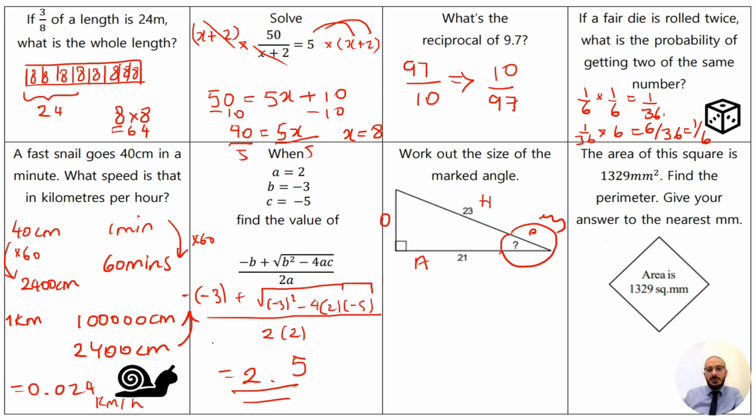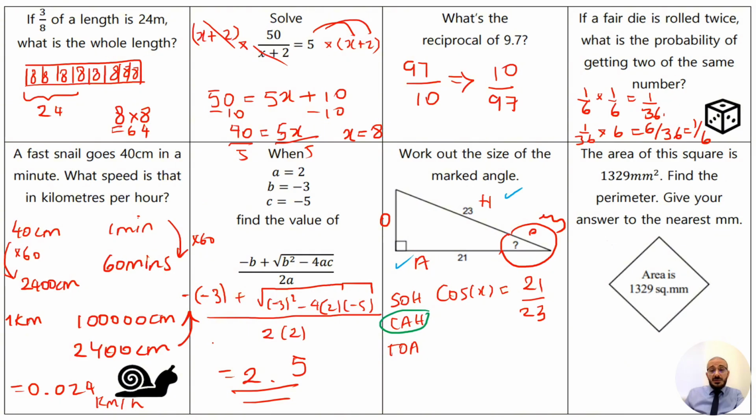So the two possible sides I can use to find out this unknown angle are adjacent and hypotenuse. So writing down SOHCAHTOA, we can clearly see that we'll be using cos. Okay, so cos x is equal to adjacent divided by the hypotenuse, which is 21 out of 23.